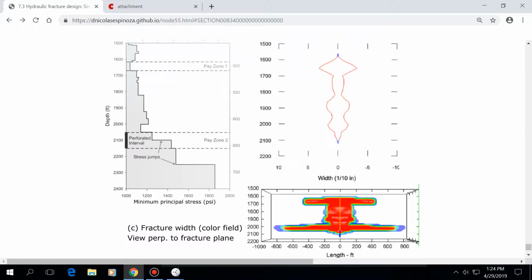So in this case, here the width is smaller but you have a longer fracture, and here it's wider but you have a shorter fracture. Very likely the rock is just much softer in here, and that's why, even though the length is shorter, the width is a little bit higher.